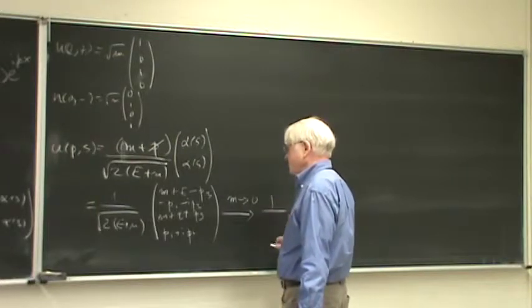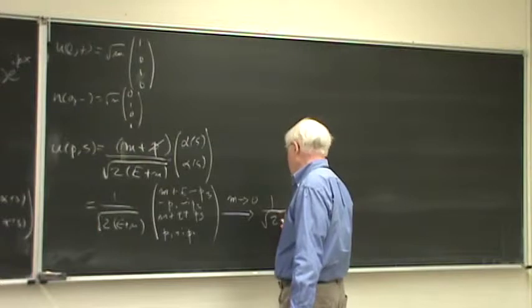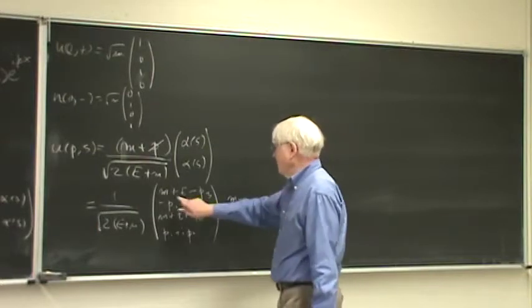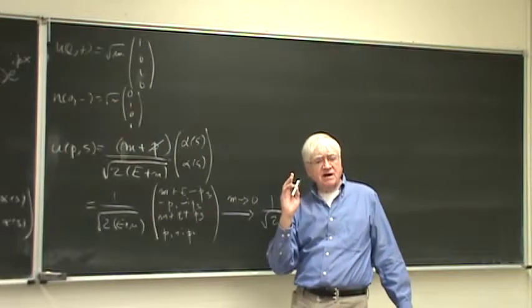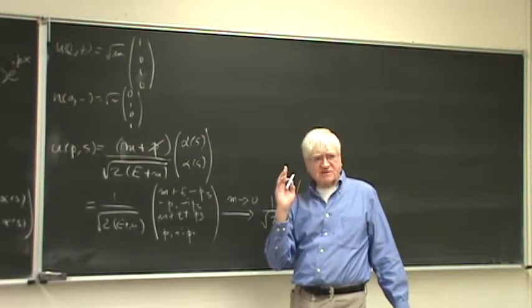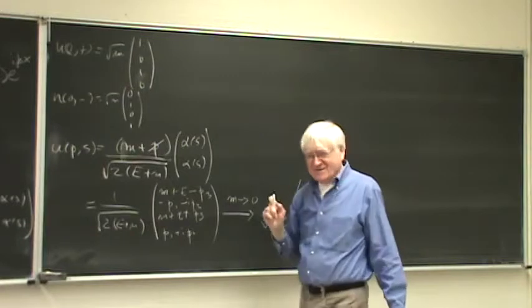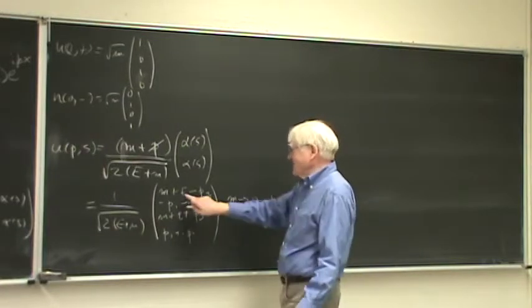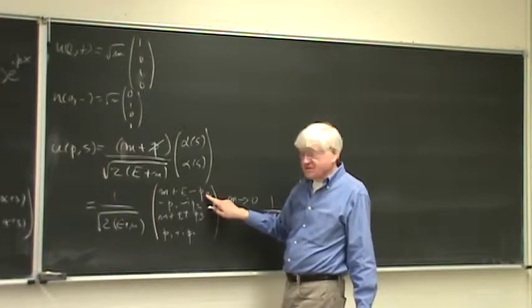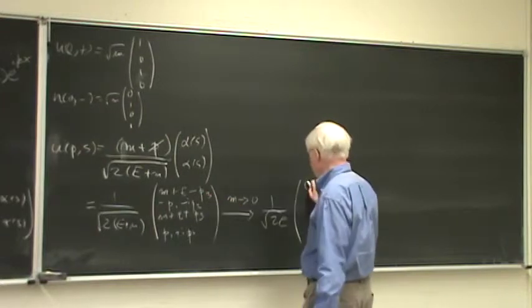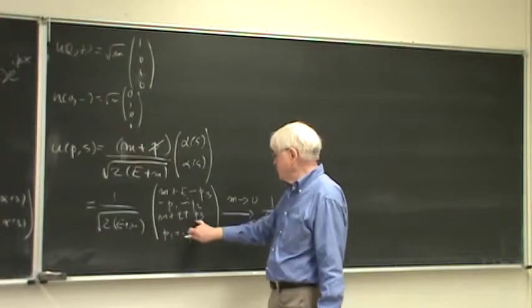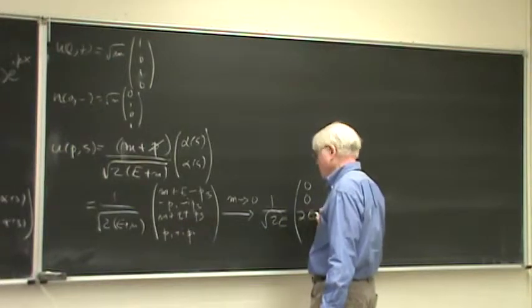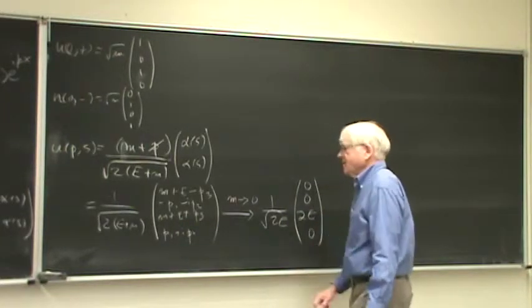Well, it turns into 1 over the square root of 2e, but then up here it's 0. Now let's suppose it's moving in the z direction, which of course by the right-hand rule is up. So then e and p3 are the same, so this is actually 0. p1 and p2 are 0. But here this is 2e, and then 0. So what is this saying?